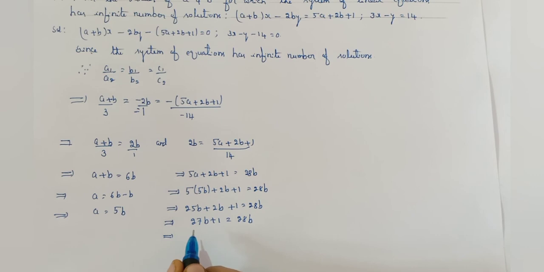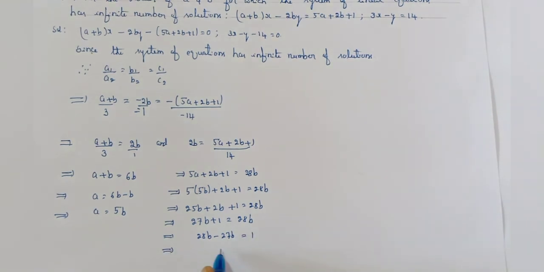Next, take 27b to RHS. 28b minus 27b is equal to 1. Therefore, b is equal to 1.